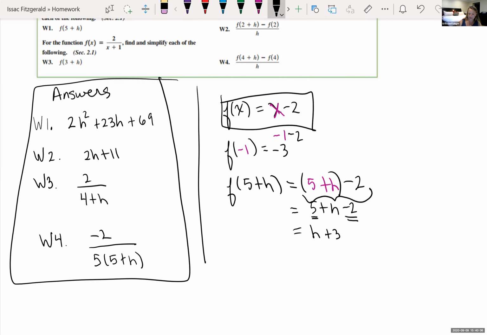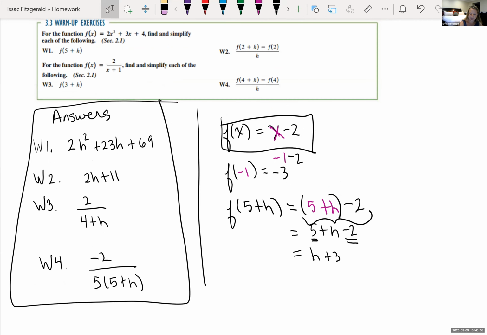And then we're just going to go through and look at W1. Then I'm going to get into the material for this section. Doing some of this in the next section after this one, 3.3, will also help clarify, and we'll get a lot of practice doing these.